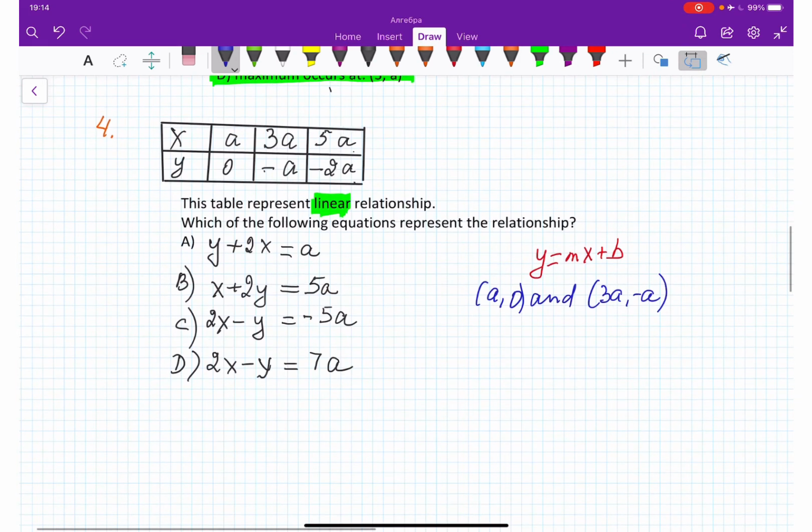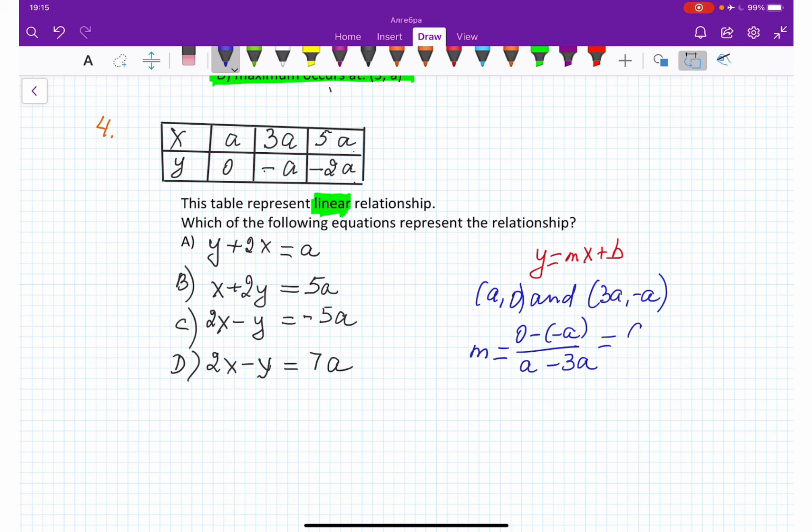All right, so let's find m. M is going to be equal to 0 minus negative a over a minus 3a, right? y2 minus y1 over x2 minus x1.